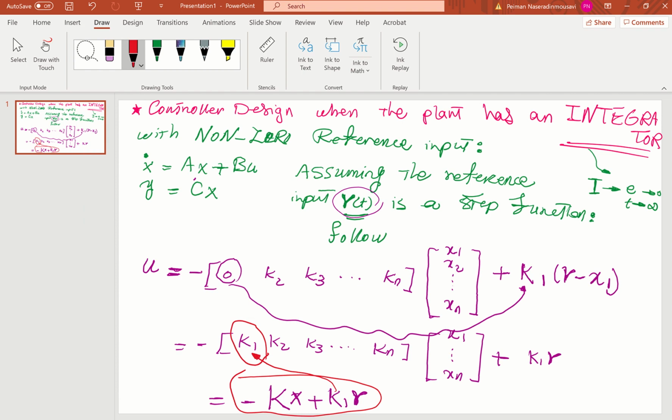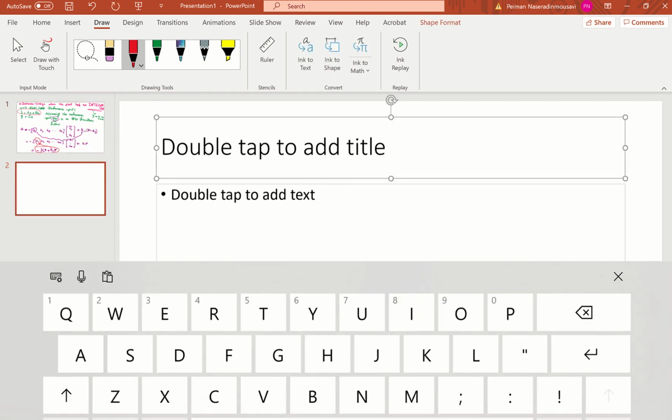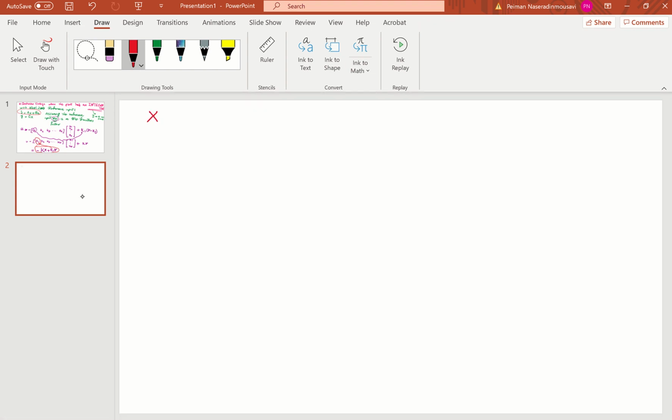Okay. So now let me implement this analytically inside this LTI system. We do some math, then I will go to Matlab. Because the system is x dot is equal to Ax plus Bu, and we said that your u is minus gain K times x plus K1 r. So I'm factoring out x.